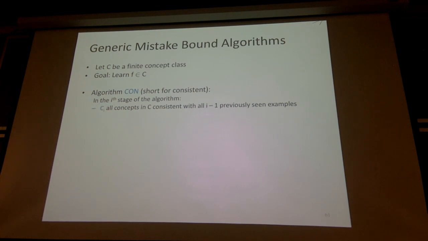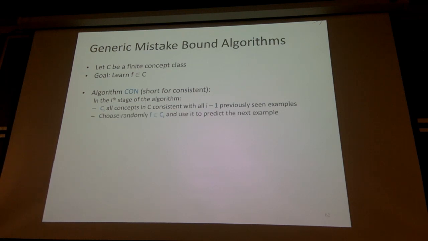short for consistent. What it does is, at any step, you remember I said these kinds of algorithms get to keep their own internal state. They can store whatever they want. This algorithm stores every function in the concept class. It starts off with a list of all the functions in the concept class, and it sees an example.